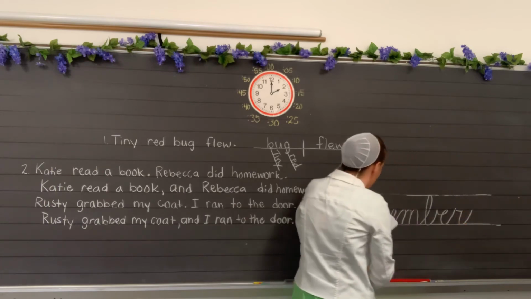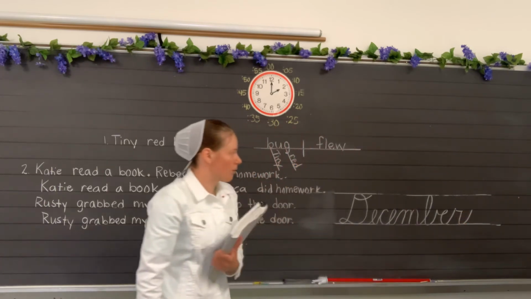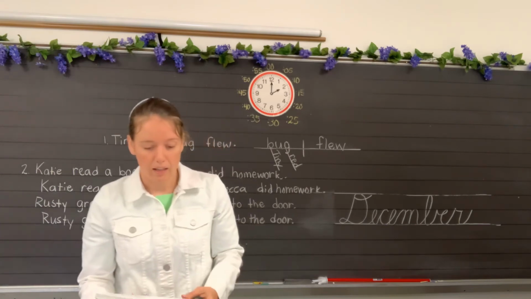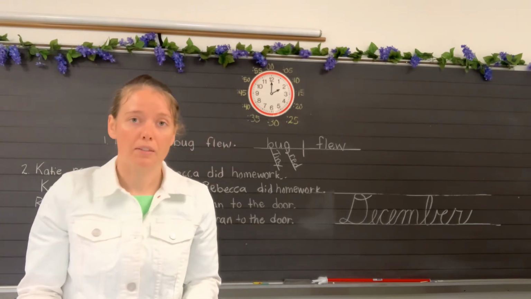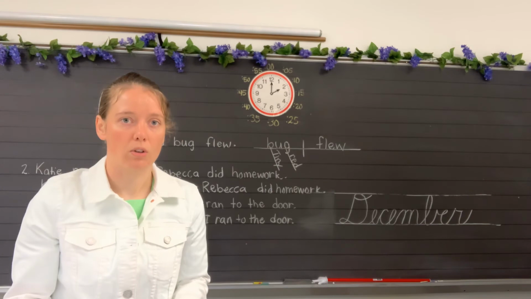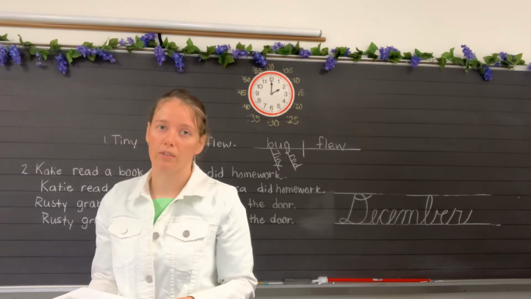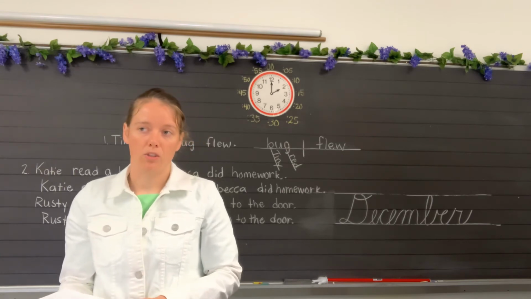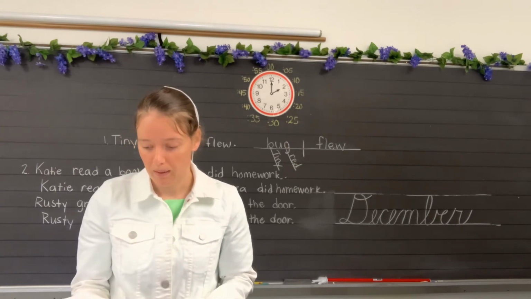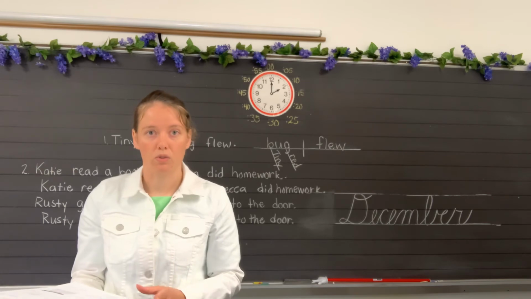Okay, so there's December. And again, if you have forgotten some of the letters, you can look back in the back of your language book on that page where your cursive letters are. You can look back there to help you with that, since you don't have your cursive strips with you anymore on your desk.